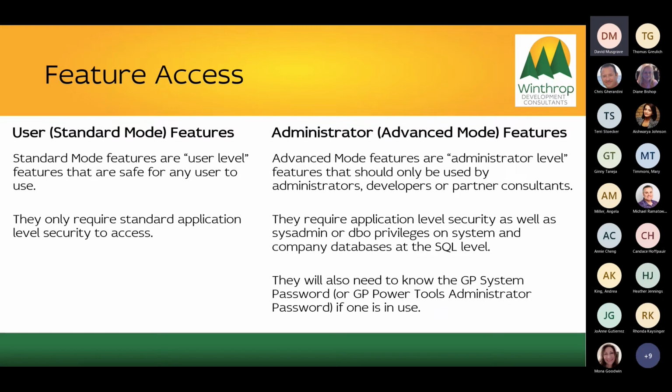And then the administrator or advanced mode features, which possibly give access to scripting or to the data, and those are all protected both by application security and SQL security, as well as if you've got it turned on, you could have a system or a GP Power Tools administrator password.